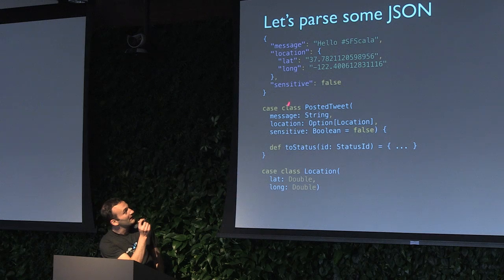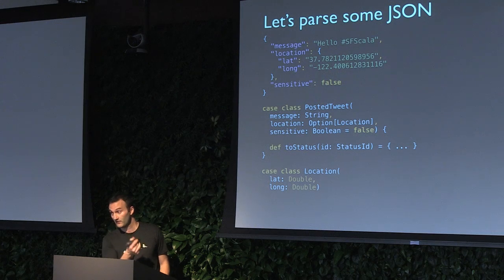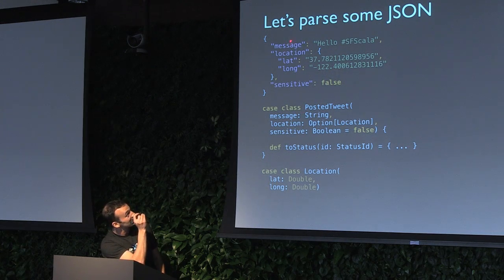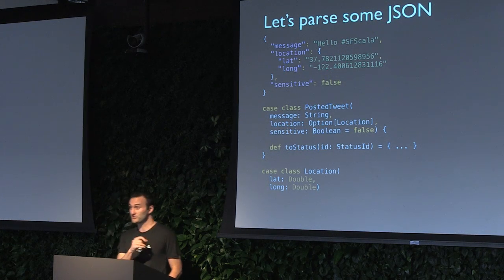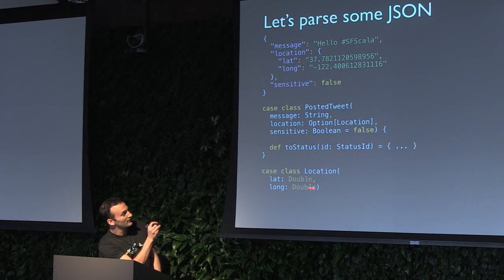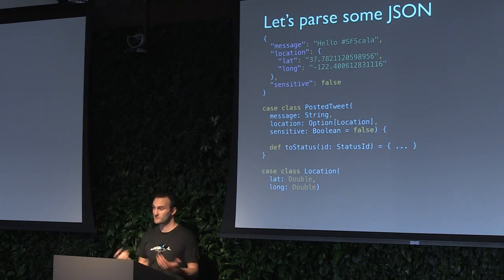And over here, you could see we created a case class called posted tweet that has the same field names as the JSON. Worth noting is that latitude in this case is posted to us as a JSON string, but in the location object, it's a double. So Jackson will take care of doing all the value conversions for you.